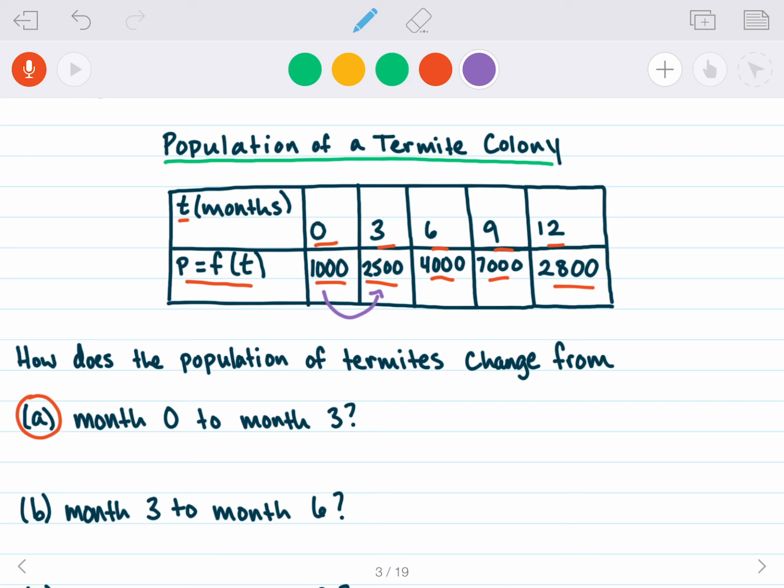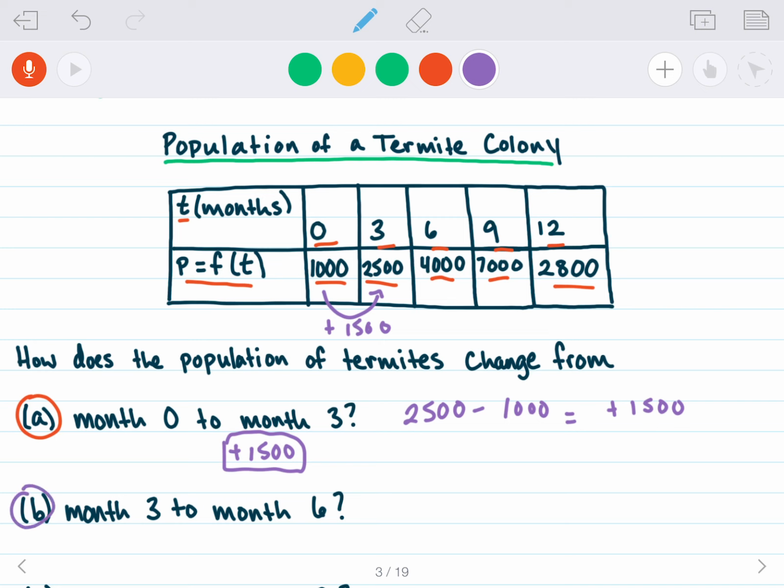If we subtract 2,500 minus 1,000, that's a net result of 1,500. So from month 0 to month 3, it changes 1,500, and it's a positive change, right? The population increases.